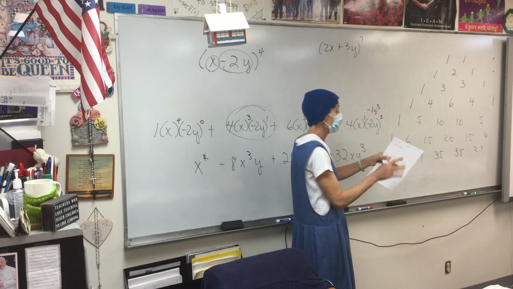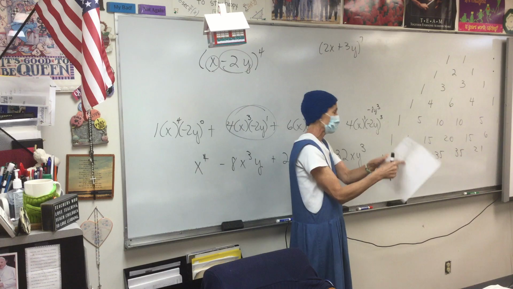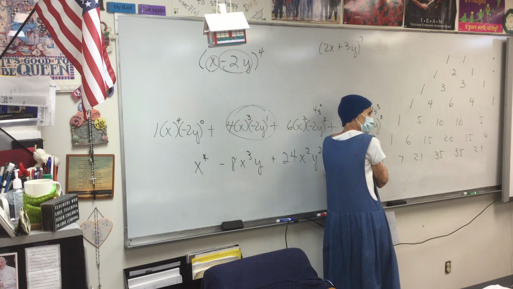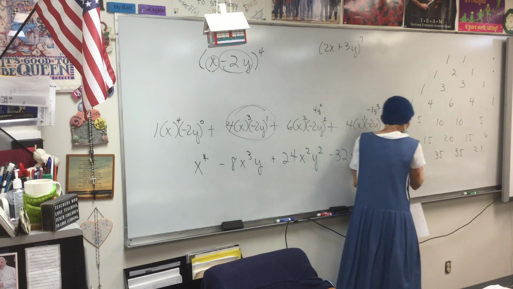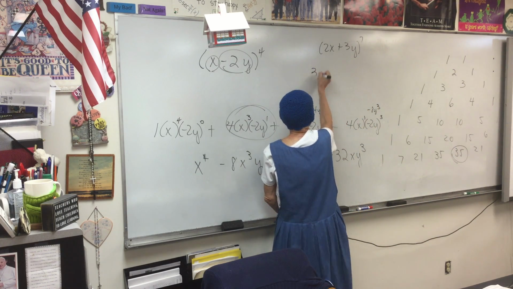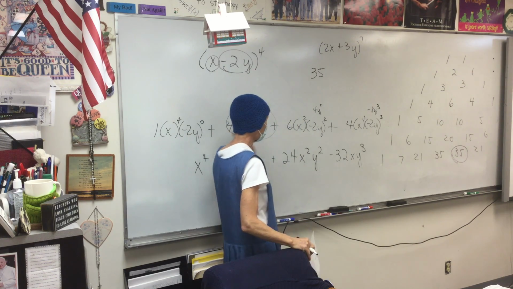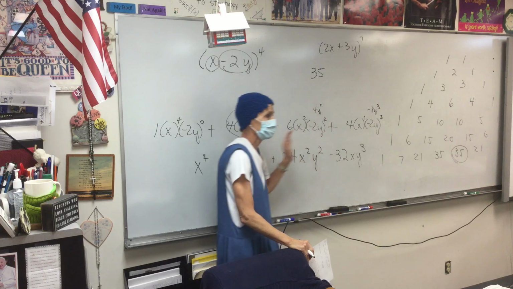If we were doing the whole expansion, we would have to write out that whole row. But we don't need the whole row. We need the 5th term. So that would be the 1st, 2nd, 3rd, 4th, 5th. So the coefficient I need is 35. Remember when you copied the numbers down at the beginning?